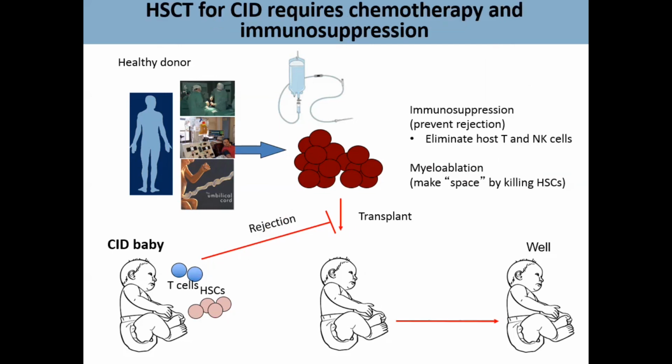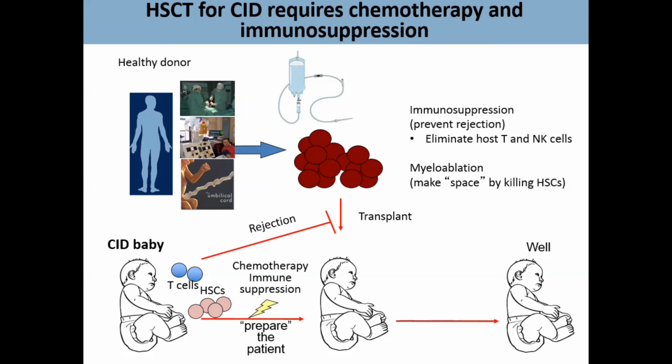What about the CID baby? Well, in this case, as I mentioned, T cells are there. They are reduced in number, they are reduced in function, but they are there. And they're potentially capable of mediating graft rejection. So the situation for the patients with combined immunodeficiency is different than in patients with SCID, because unfortunately you do need to prevent rejection, and you do need to use chemotherapy to make some space in the marrow and allow a robust and durable engraftment.